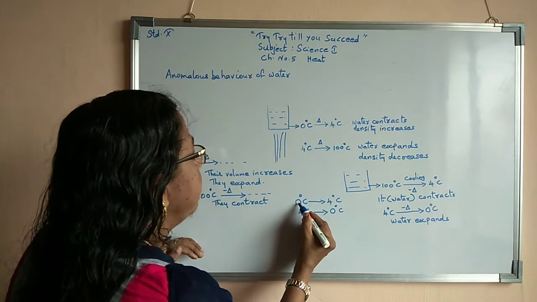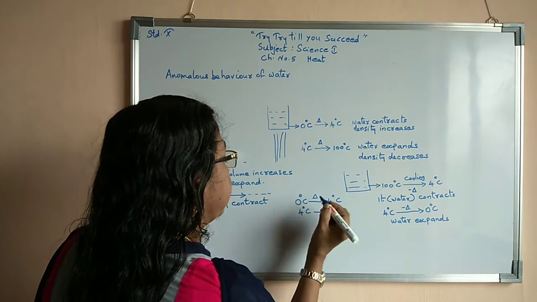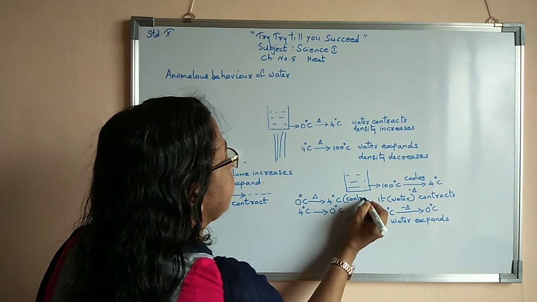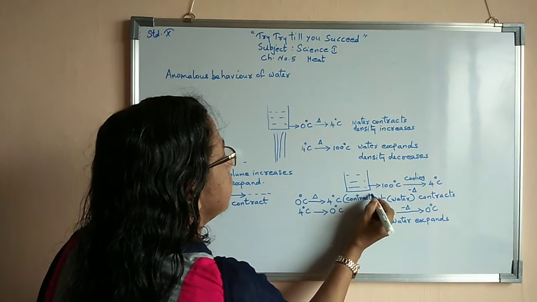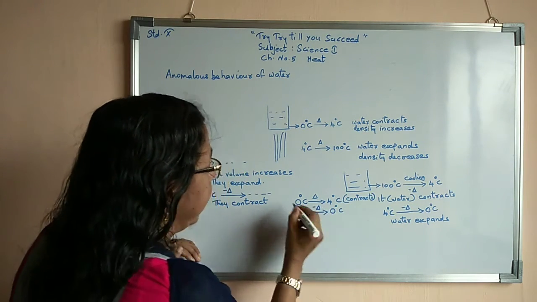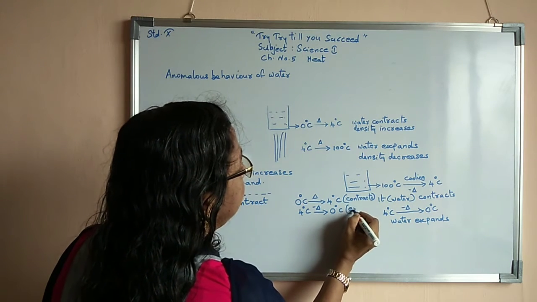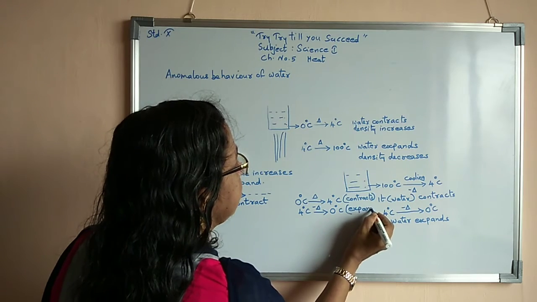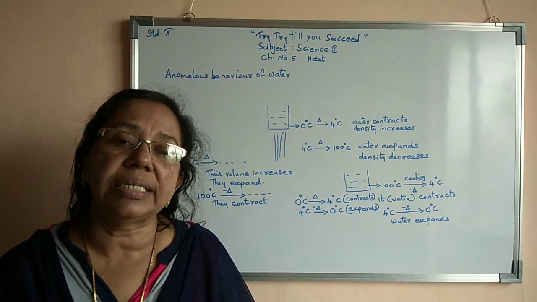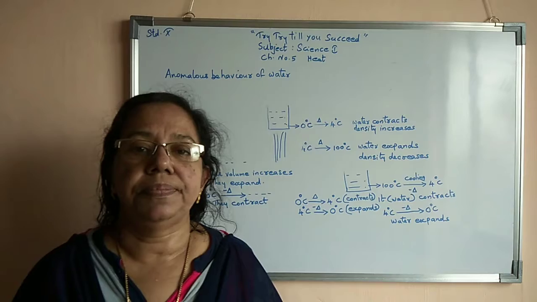When we are heating from 0 to 4 degrees Celsius, we are supplying heat, and you can find that water contracts. When we are cooling water from 4 degrees Celsius to 0 degrees Celsius, instead of contracting, water expands. Such a remarkable property of water is known as anomalous behavior of water.